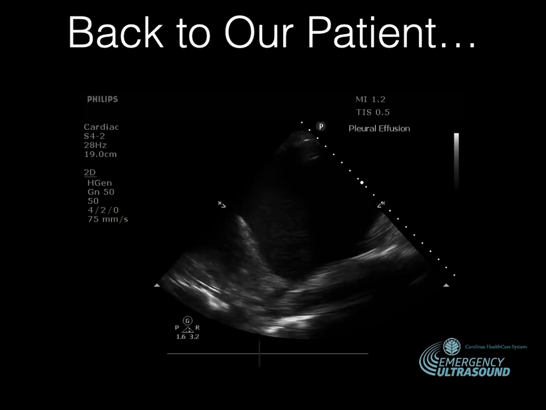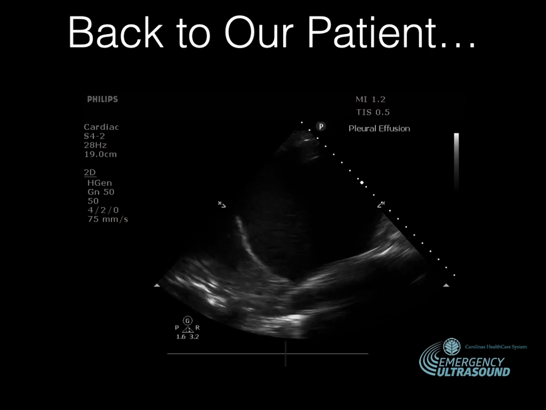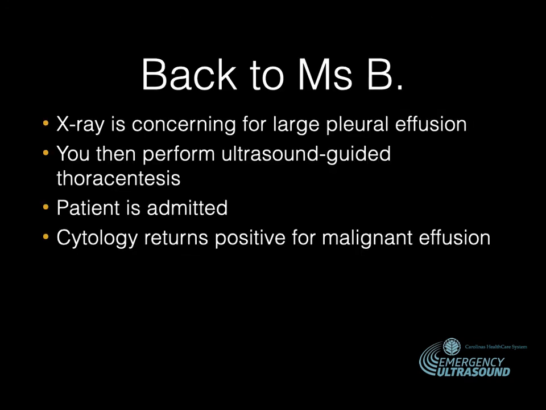So Mrs. B has a rather large pleural effusion. The x-ray confirms your large pleural effusion, so then you go back to your ultrasound and do an ultrasound-guided thoracentesis, send the fluid off to cytology, and admit the patient.